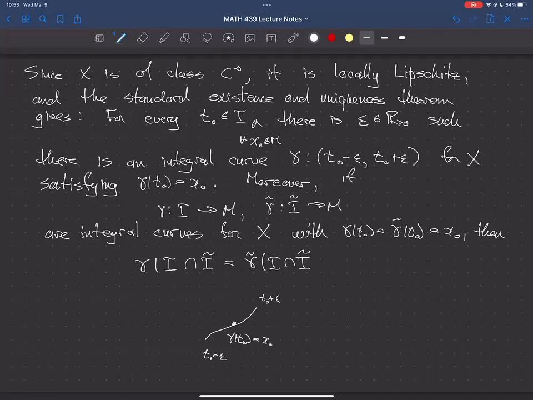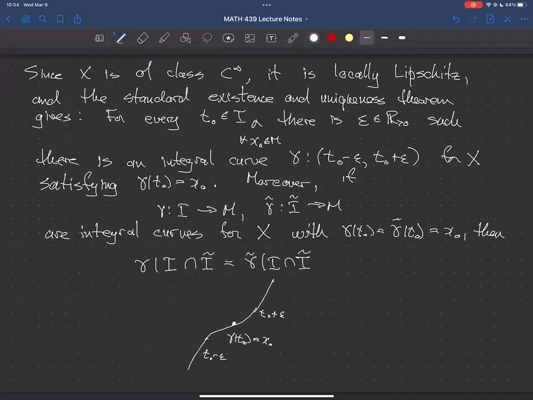Now, I can maybe make it larger, and I know that if I make it larger, that extension to the larger curve will be unique. And so you can make this curve longer.